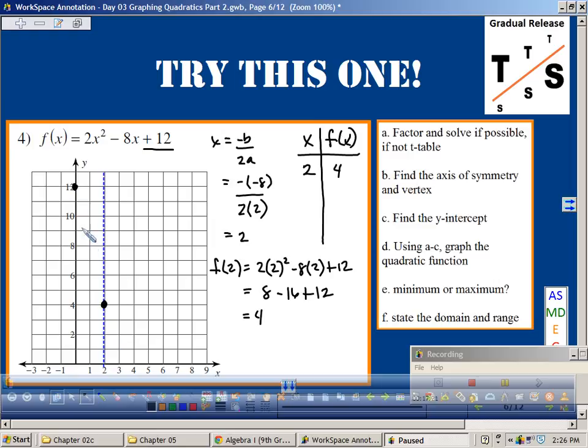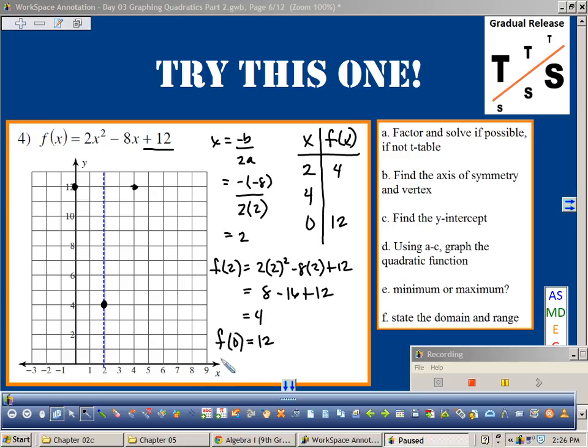Does it look like it's going to go a little bit skinnier? Yeah, it does. So what's the last point I need to put in here? Oh, we need to actually put our 0, right? F of 0 is 12, because I need 3 points in my table to get full credit, right?